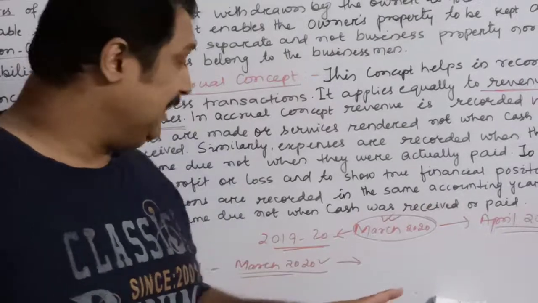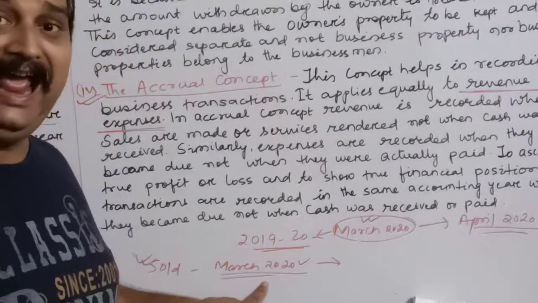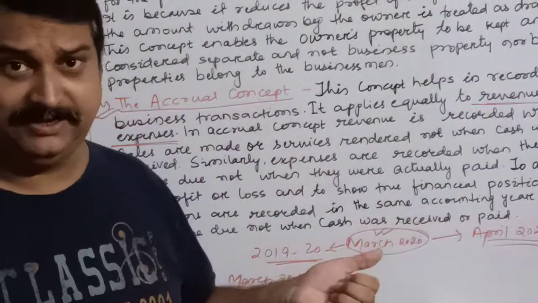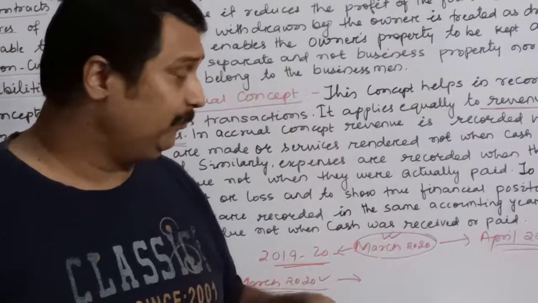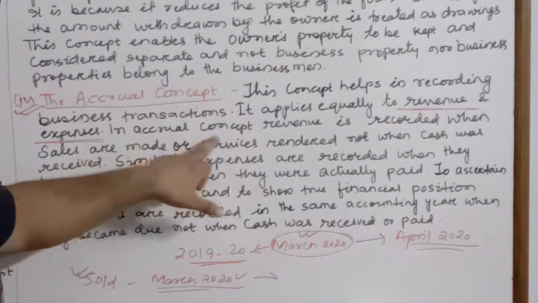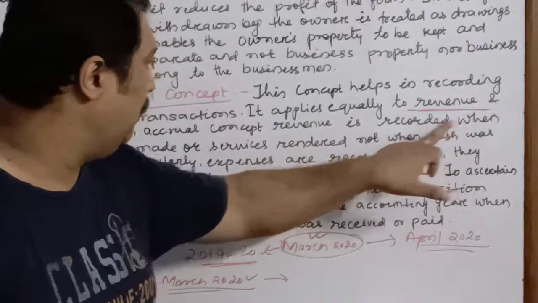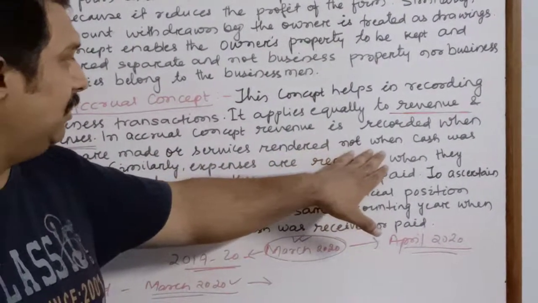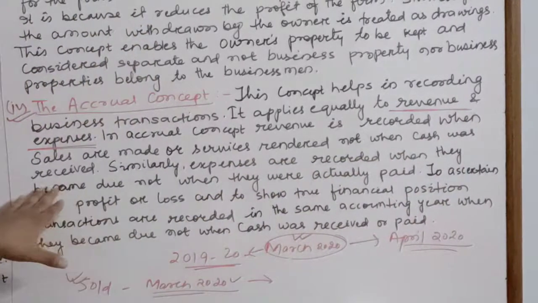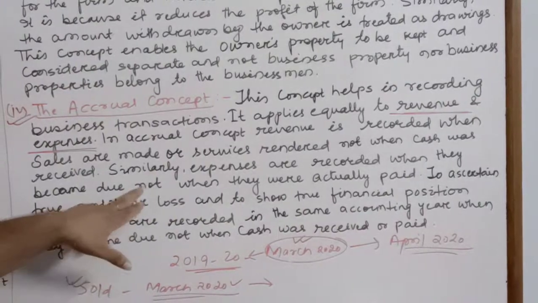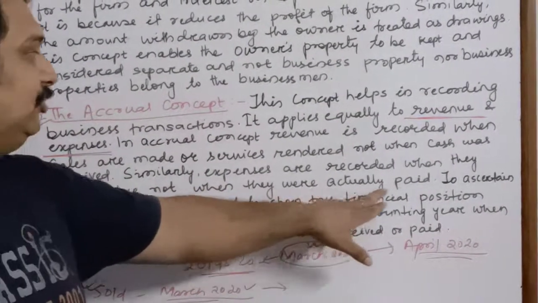If not, then in March it will be recorded as a credit sale, and whenever the payment is received, it will be recorded once again. So this particular concept says that in accrual concept, revenue is recorded when sales are made or services rendered, not when cash was received. Similarly, expenses are recorded when they became due, not when they were actually paid.